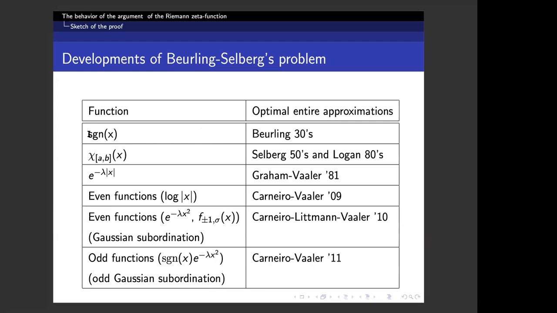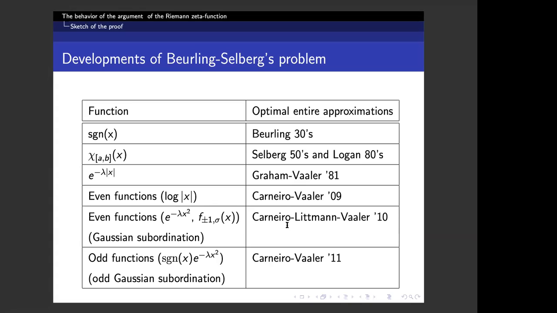For the function signum, you obtain the solution by Berlin. For the characteristic function, Selberg and Logan solved this problem. When you have the exponential function, Graham and Vaaler solved this problem. For the modulus of x, Carneiro and Vaaler solved this problem.